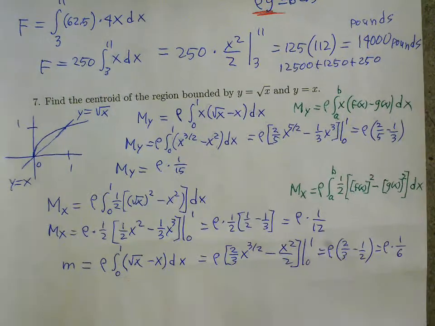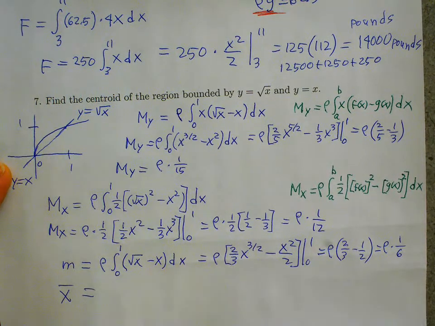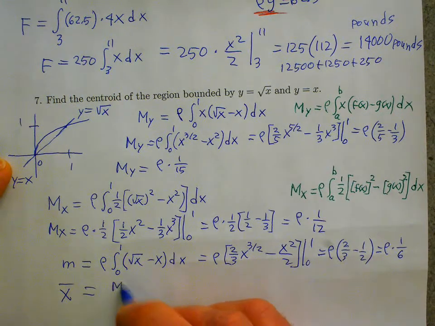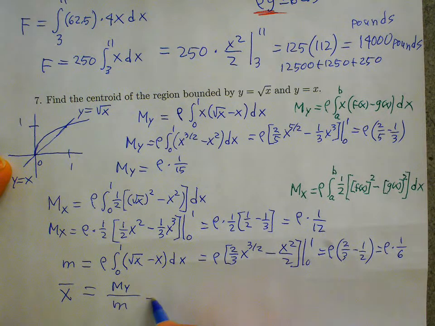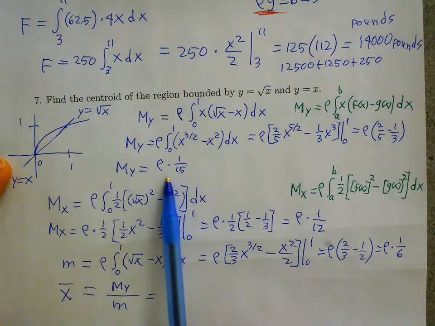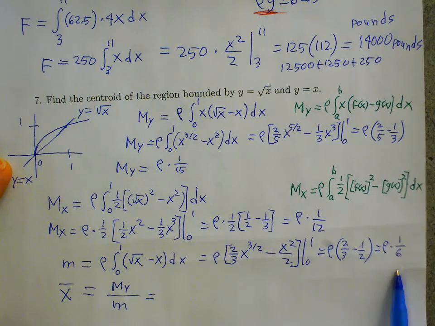Okay, then finally the x bar, that's the x coordinate of the centroid. That's the moment of the region about the y-axis divided by the mass. So we found the moment about the y-axis, rho times 1/15, and the mass is rho times 1/6.